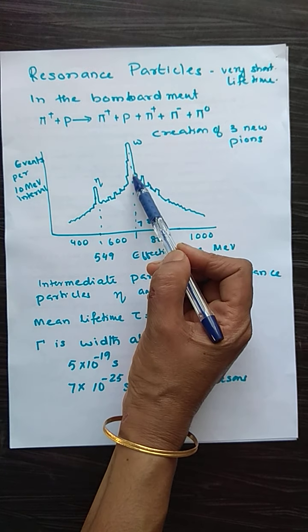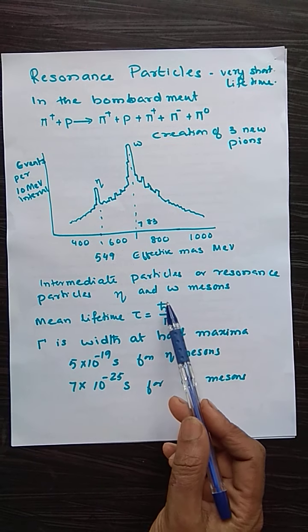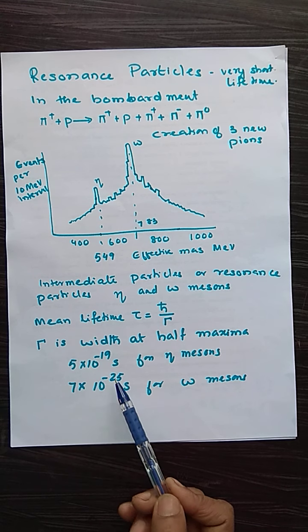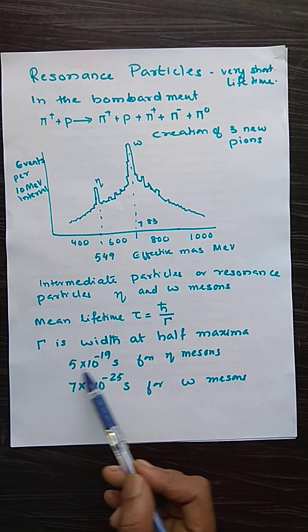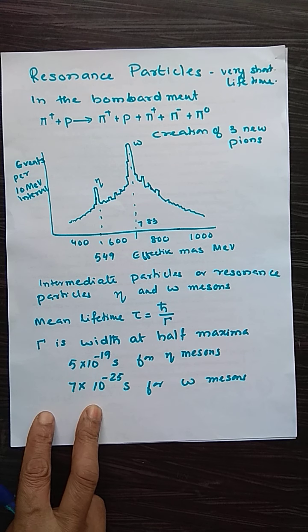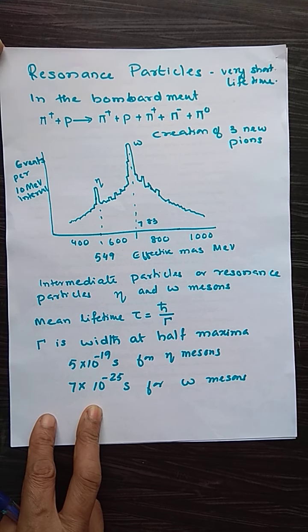At this peak you take the half maxima, take the width, and substitute, and h cross by the width at half maxima will give you the lifetime of that particular meson. So the eta meson has a lifetime of 5 into 10 raised to minus 19 seconds, and the omega meson 7 into 10 raised to minus 5 seconds. So resonance particles are very short-lifetime particles.